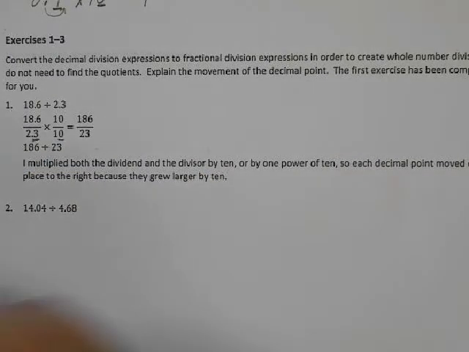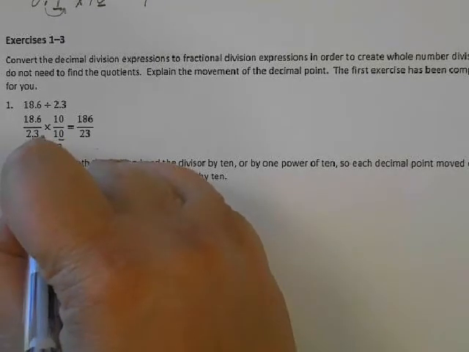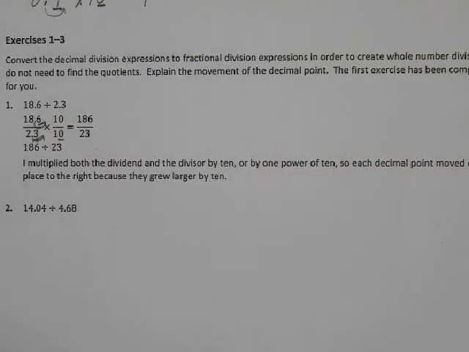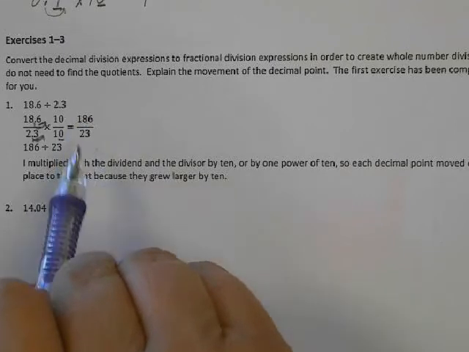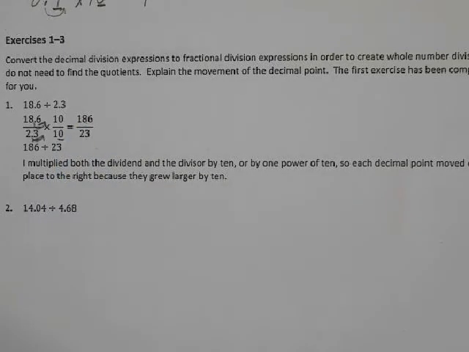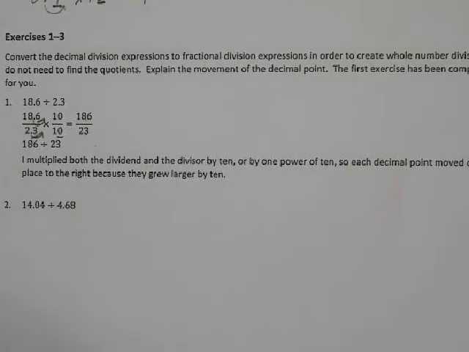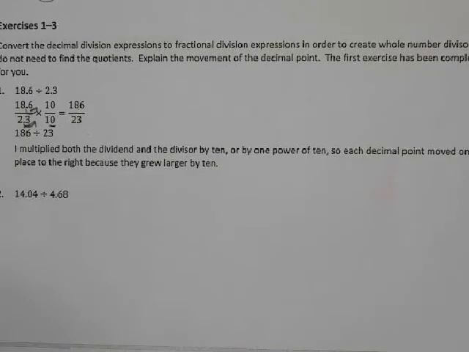When I multiply both of those by 10, that decimal in both moves to the right one place, which gives me 186 and 23. And then the explanation that they wrote out is I multiplied both the dividend and divisor by 10, or by 1 power of 10. So each decimal point moved one place to the right because they grew larger by 10.